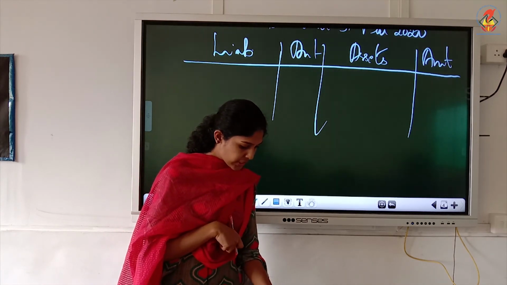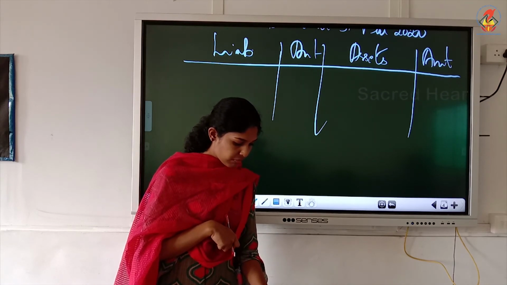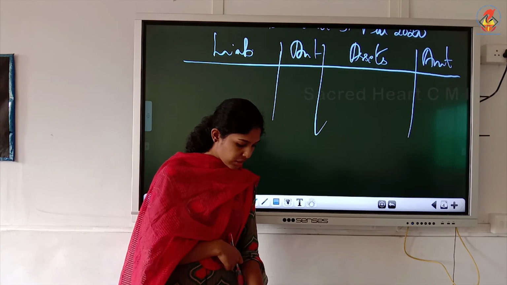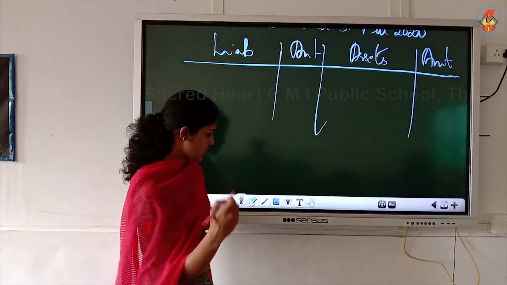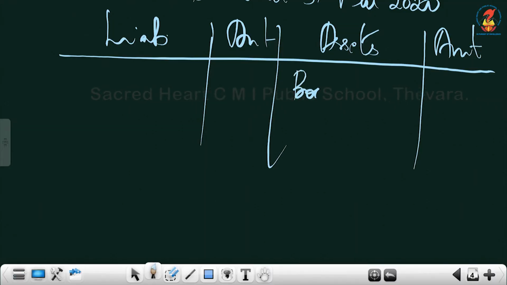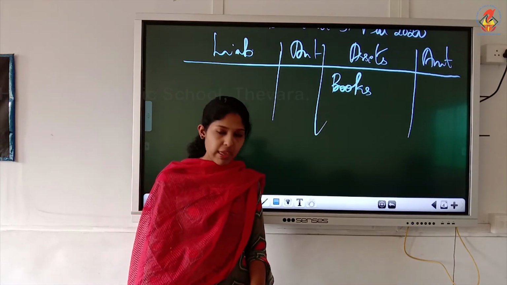The excluded items on the receipt side, we haven't excluded anything. Then on the payment side, we have excluded books. So, we will write books first. Now, when you write books, 31,200 is given in the amount column.